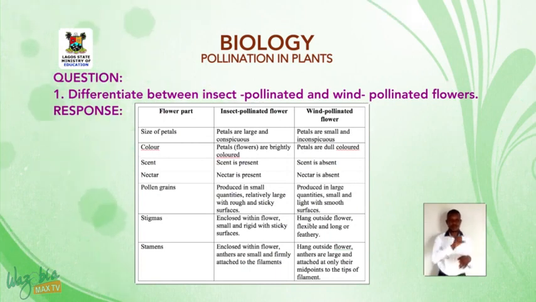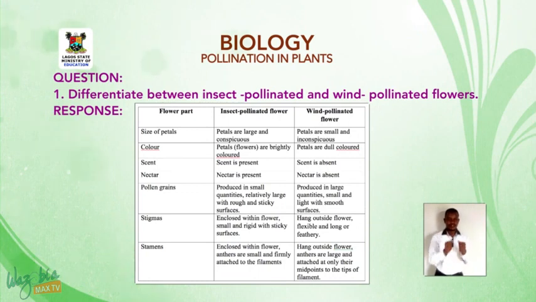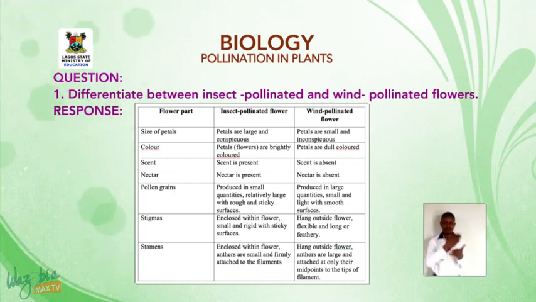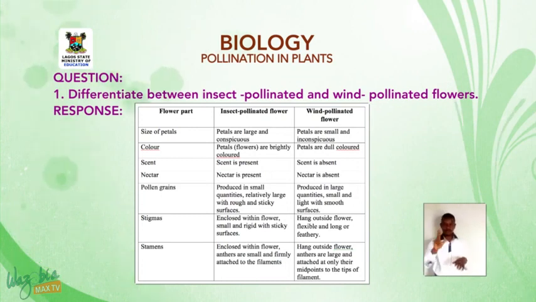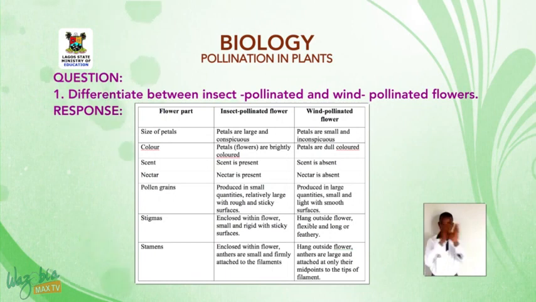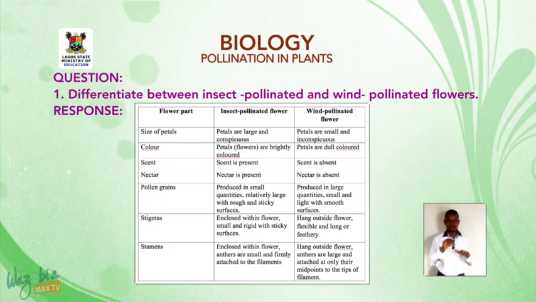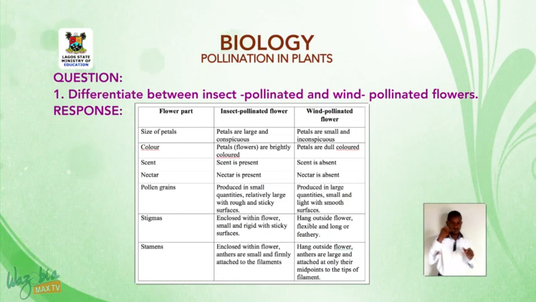On one part, I have flower part. On the second part, I have insect-pollinated flower. And on the third part, I have wind-pollinated flower. Now on the flower part, size of petals. Under insect-pollinated flower, petals are large and conspicuous. Under wind-pollinated flower, petals are small and inconspicuous.